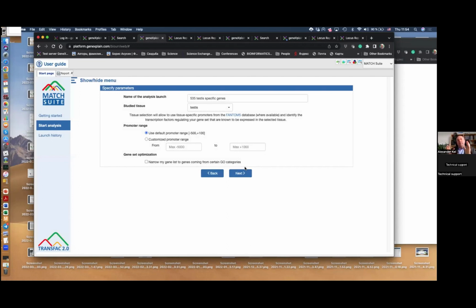Then it will apply a special tool inside, called Composite Module Analyst. This tool tries to find the best combination of binding sites which are presented in most of those testis-specific promoters. So the output of that program is a combination of matrices and their scores.